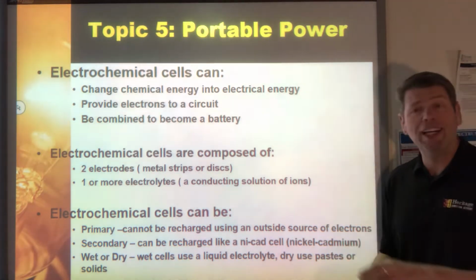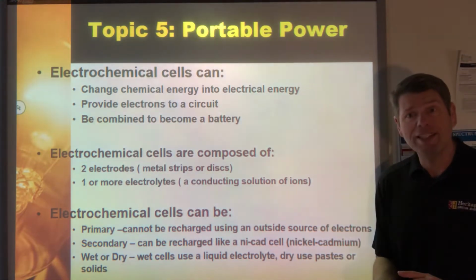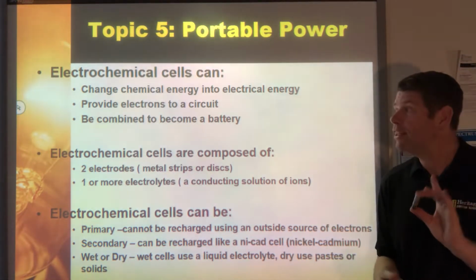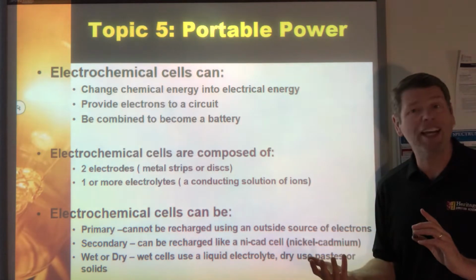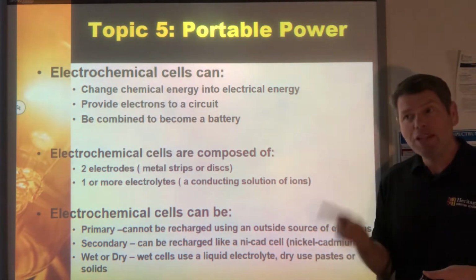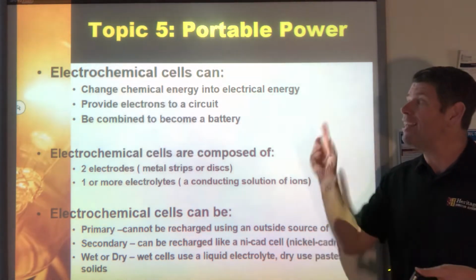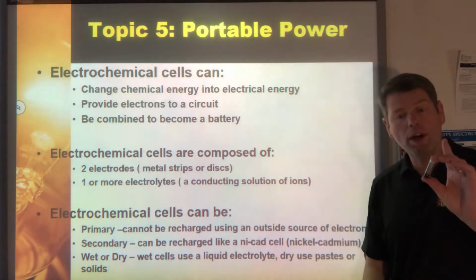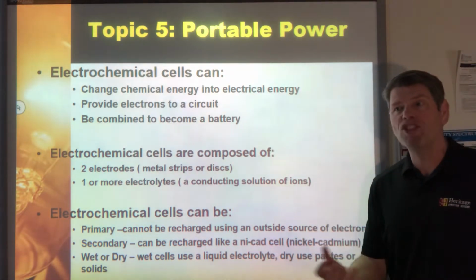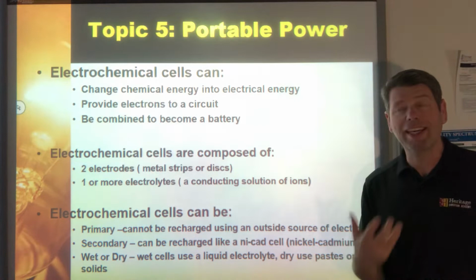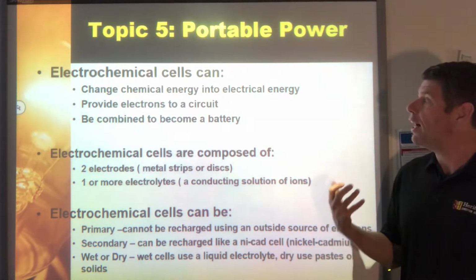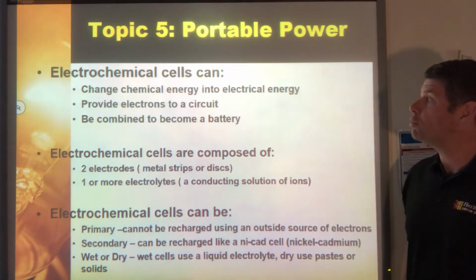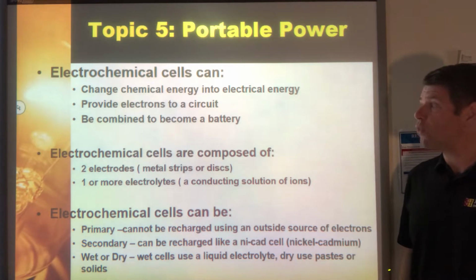Electrochemical cells, which compose batteries, are the same kind of idea, except the input energy this time is chemical energy. Batteries or cells have a chemical component that is ultimately going to provide the moving electrons for us.